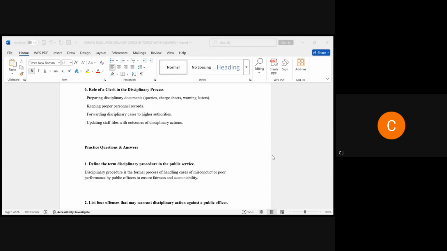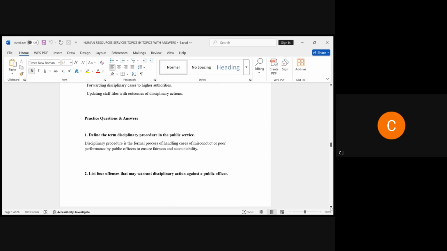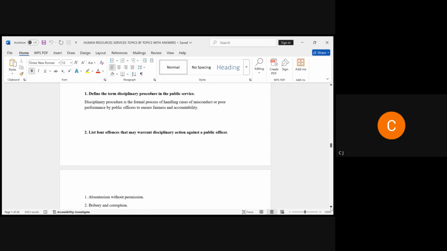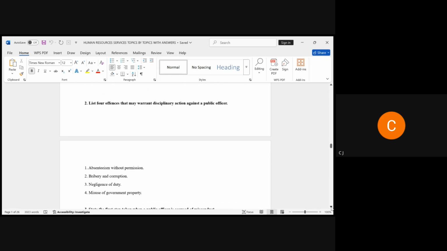Misuse of public funds is also an offense that can warrant disciplinary action against a public officer. Absenteeism without permission, bribery and corruption, negligence of duty, misuse of government property.